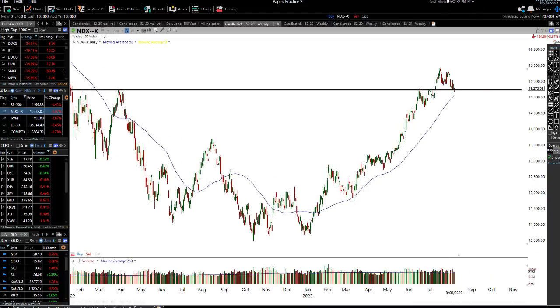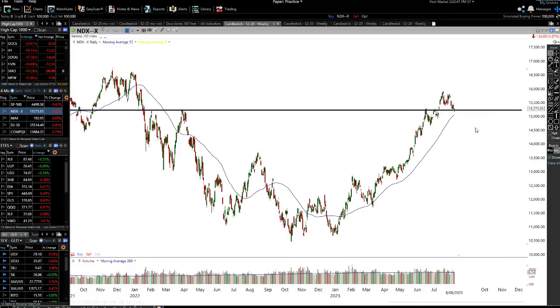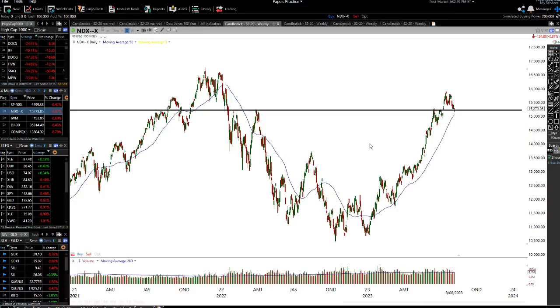So I wouldn't expect too much upside yet out of the Nasdaq, but we'll probably need a bit more sideways movement, right? Because whenever we make a really big move to the upside, guys, the market tends to need a bit of a resting phase, and as you know, the tech stocks have been absolutely ballistic out of the market.